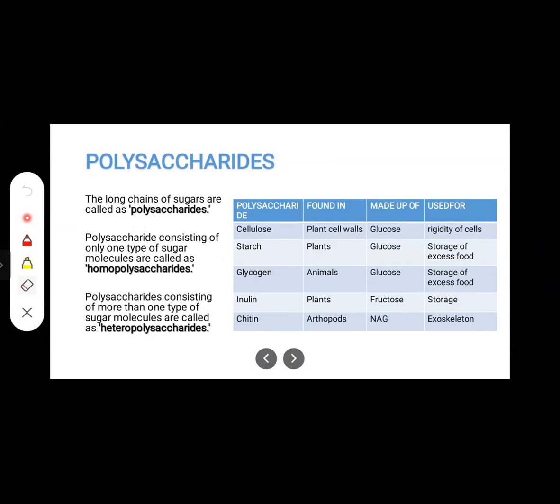If one sugar molecule makes a bond with another sugar molecule, and it forms a long chain, we call it a polysaccharide. If there is only one sugar molecule, it is called a saccharide. If there are many sugar molecules attached to one another, that is called a polysaccharide.